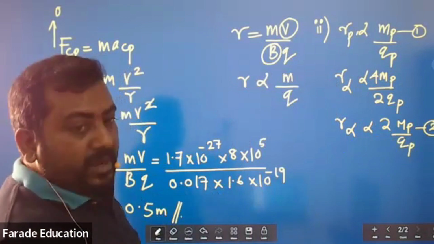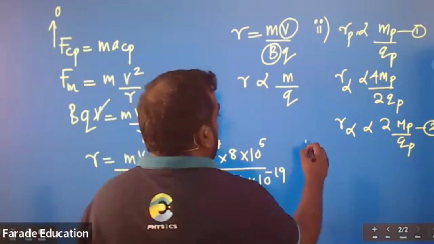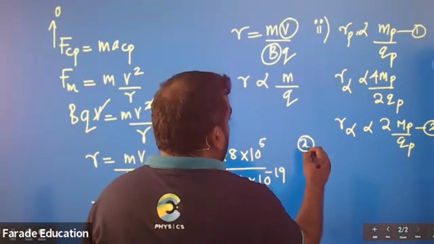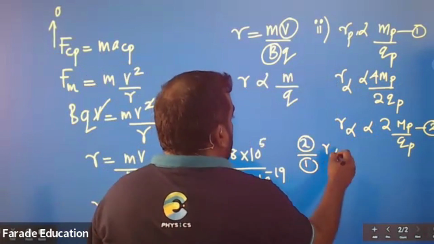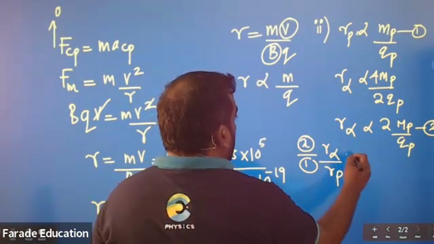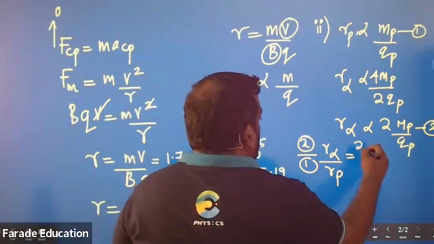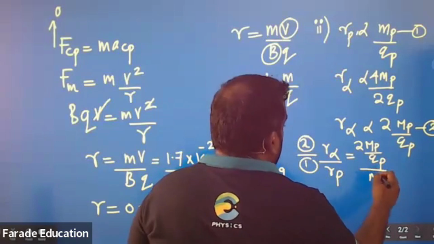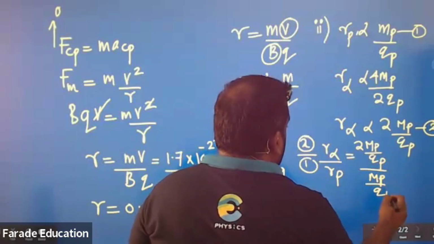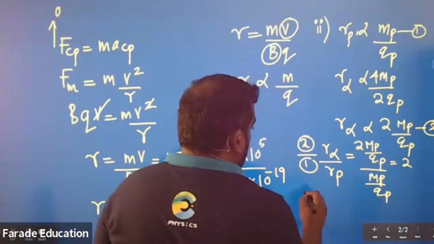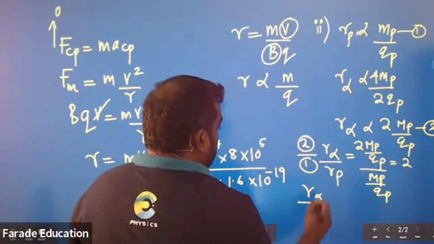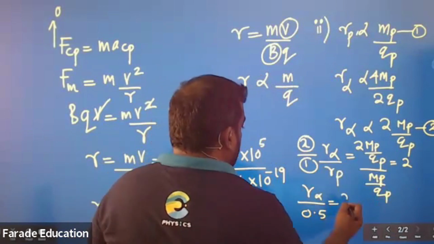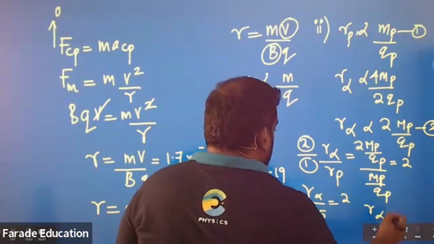Now divide the second equation by the first equation. Radius of alpha over radius of proton equals 2 times mass of proton over charge of proton, divided by mass of proton over charge of proton, which is 2. Radius of proton is 0.5. Cross multiply.